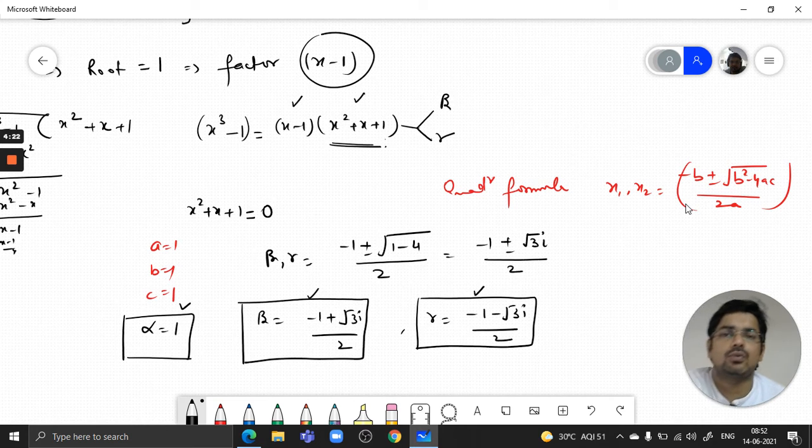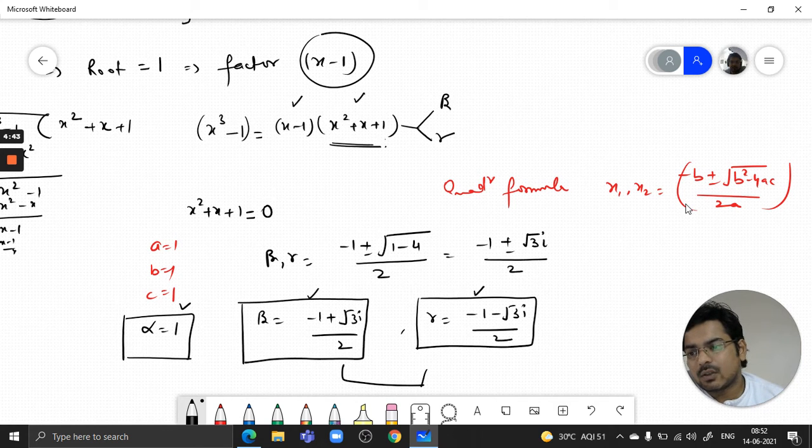These 3 roots we call the complex cube roots of unity. Why do we use the word complex? Because 2 of the 3 roots are complex numbers and 1 is a real number.